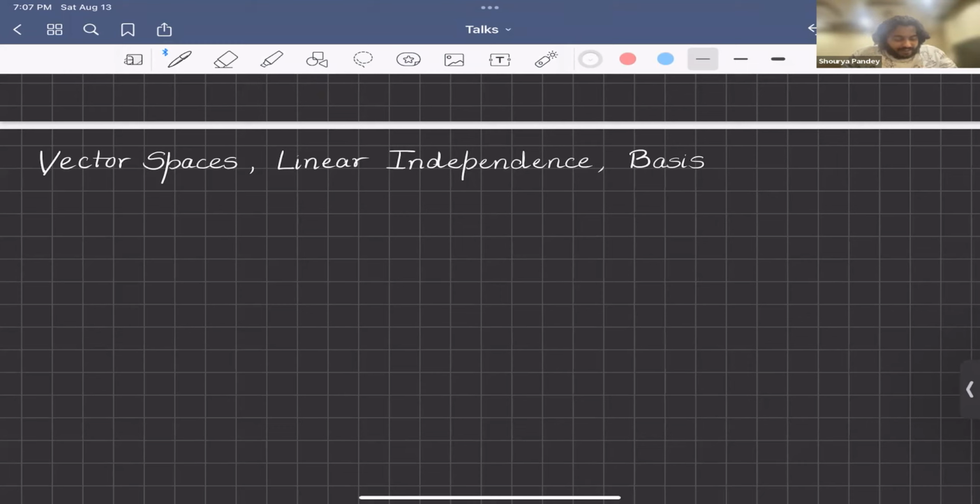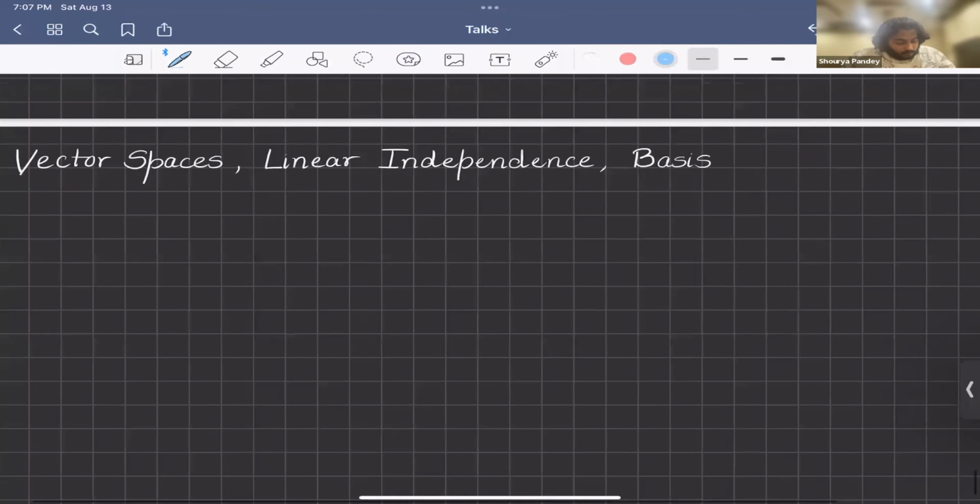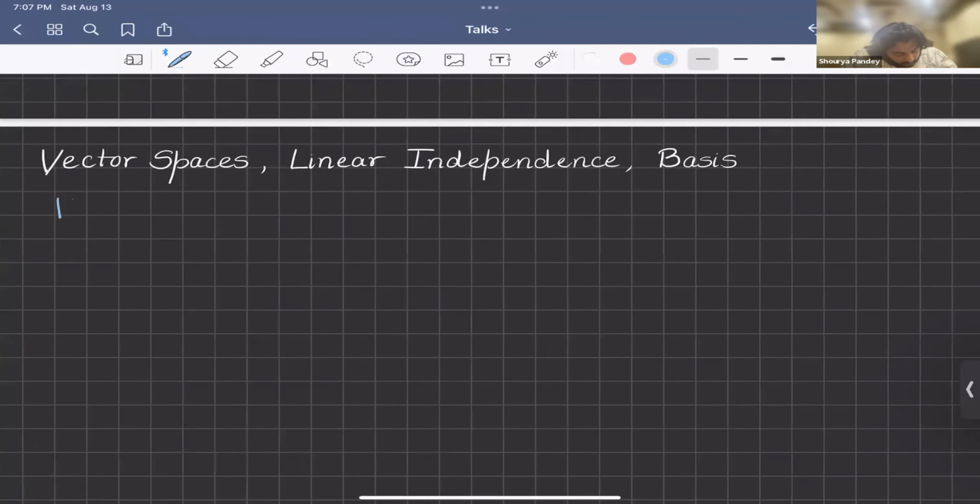Just before we get to the problems, I want to define what vector spaces are and what linear dependence means. So, what a vector space means.